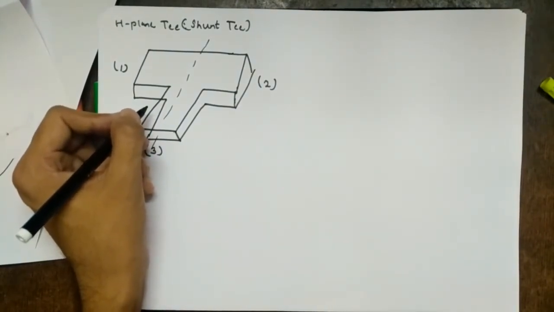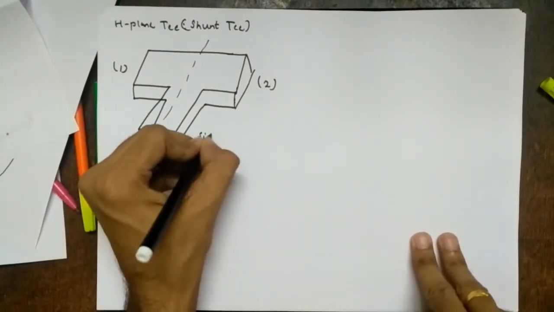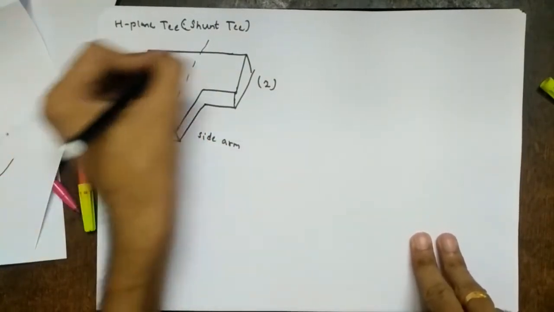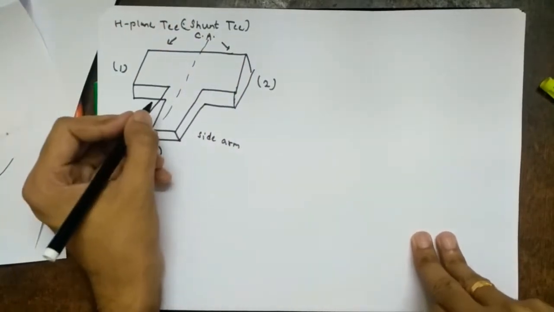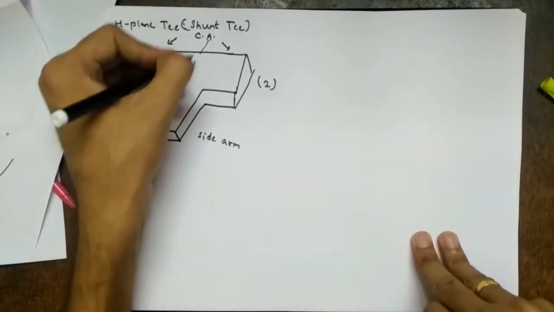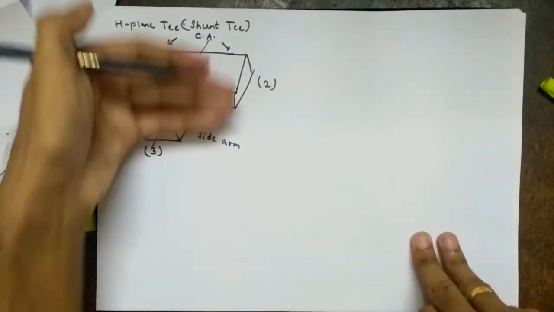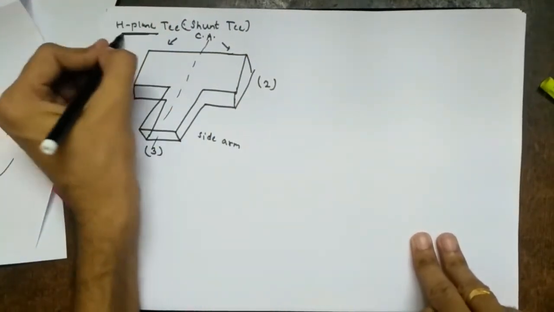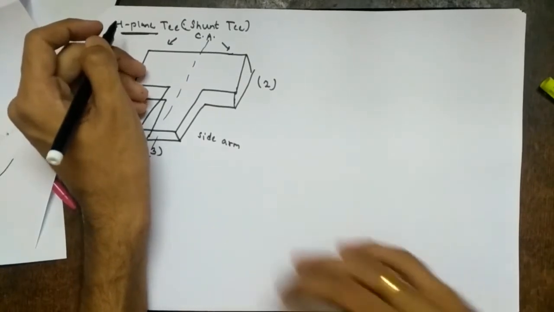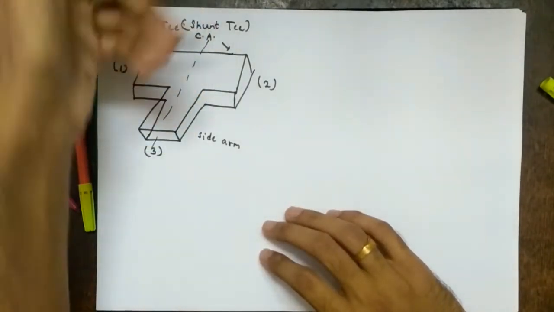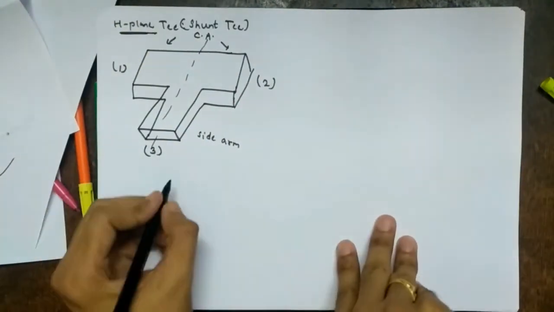Right? So this is my side arm and these two are my collinear arms. So again the axis of this side arm is parallel to the H plane now. That's why it is called H plane T. So again if I move it like this, how will it look?